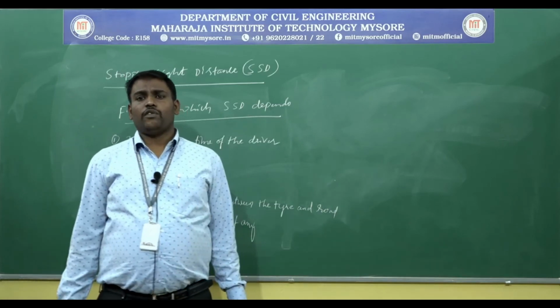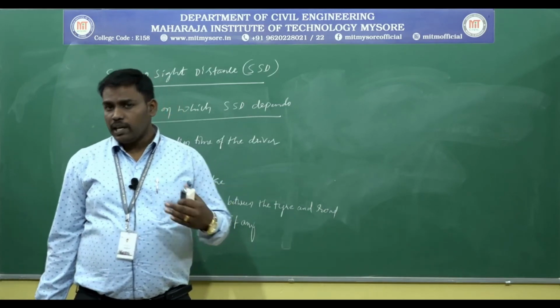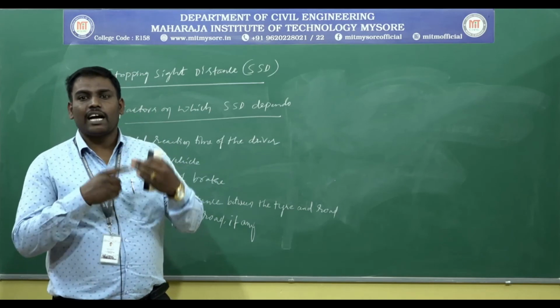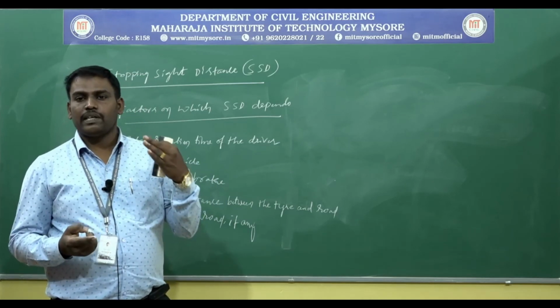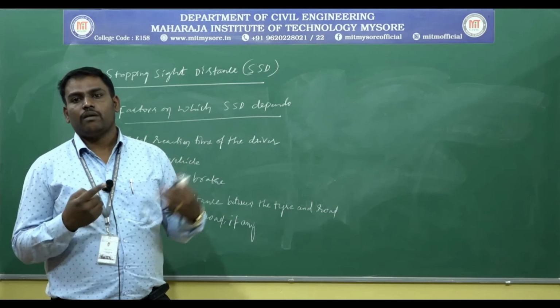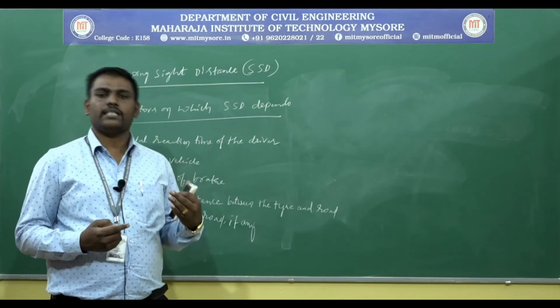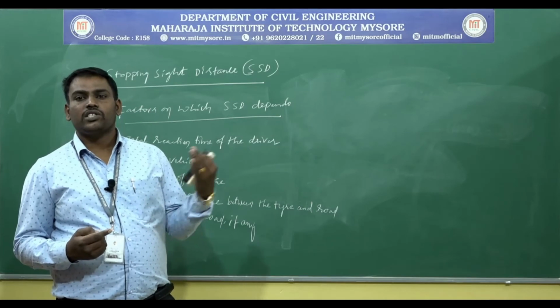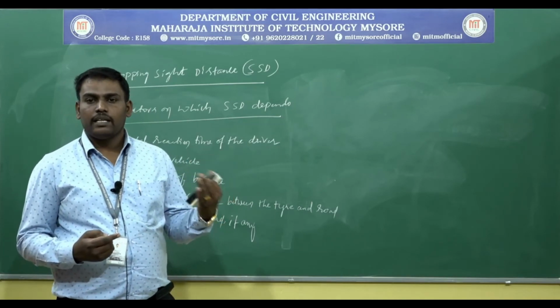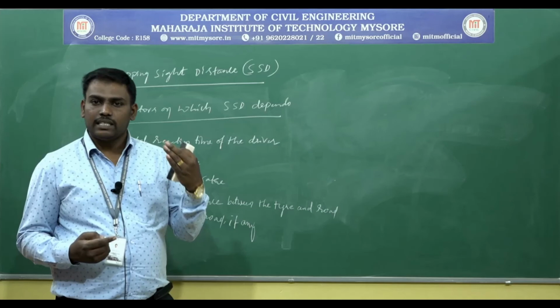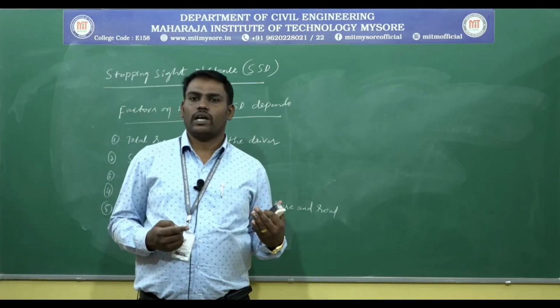Okay. If you apply the brake fully, then the wheels get locked. Means that it is prevented from rotating. If that is the case, okay, the vehicle starts skidding, and that is dangerous. Okay.